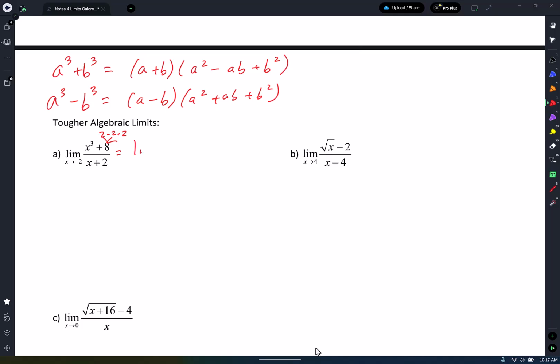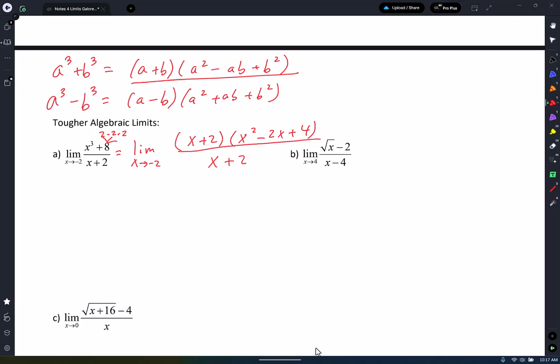So here we go. Write the word limit because you haven't evaluated your limit yet. As x approaches negative 2, your a is x and your b is 2. All I'm doing is this top formula up here. This is why we took algebra 2. x plus 2, open, x squared minus 2x plus 4, that's 2 squared, all over x plus 2.